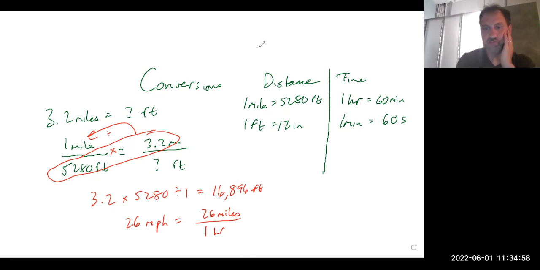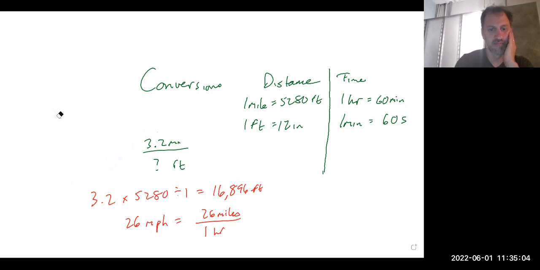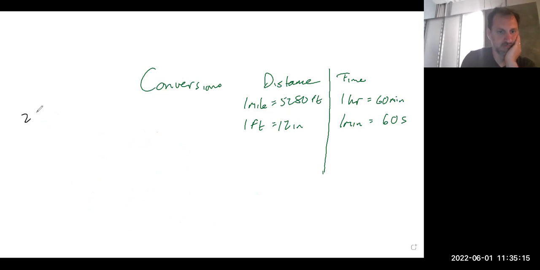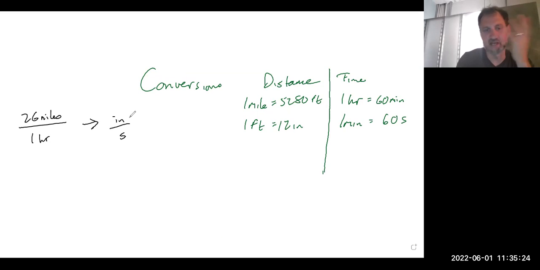I'm going to leave my conversions there because I'll need those. Let's say I need to go from 26 miles per hour and convert that into inches per second.